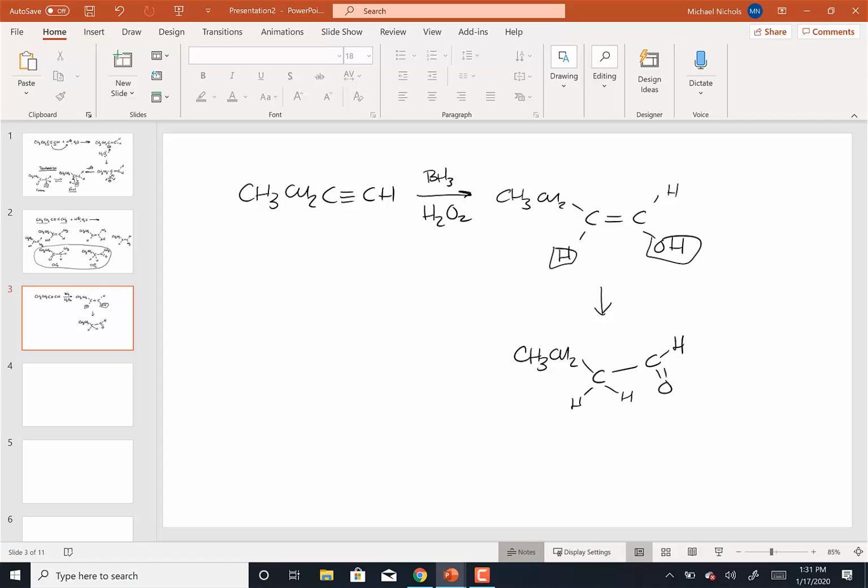So you can take a terminal alkyne and you can add H and OH to it, Markovnikov to get the ketone or anti-Markovnikov to get the aldehyde. There is a problem. And I will accept BH3, H2O2, but if we wanted to do this in the lab, we would not get 100% anti-Markovnikov addition.